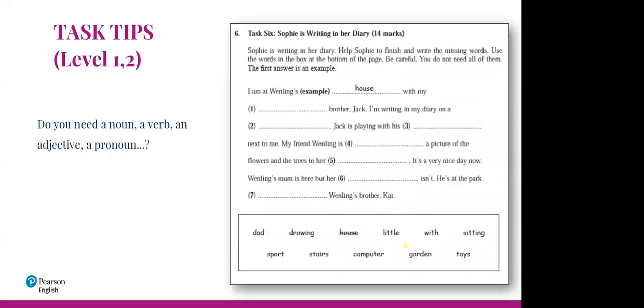Then, when you start analyzing the gaps for lower levels, level 1 and 2, where there is a set of different words in the box, analyze the gaps with them and teach them to recognize if they need a noun, a verb, an adjective, a pronoun. For example, if you have gaps 3 and 5 here that start with a pronoun, his and her, there's no noun after the gap.